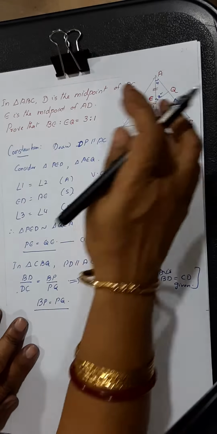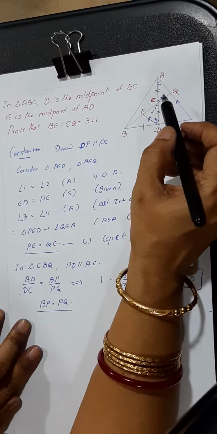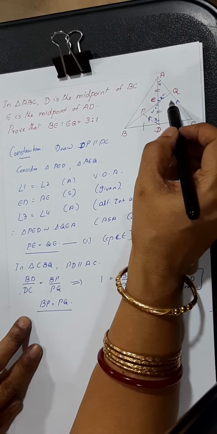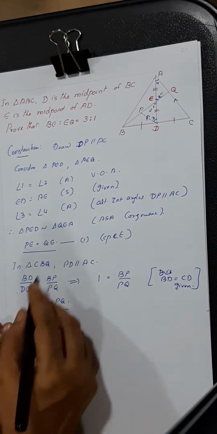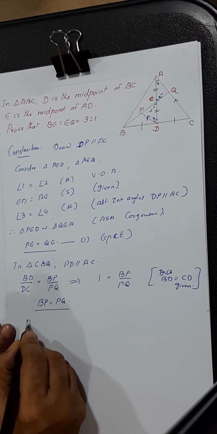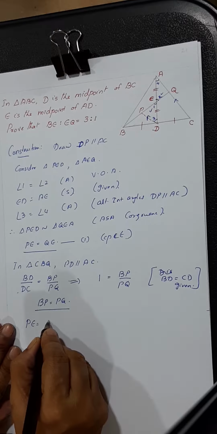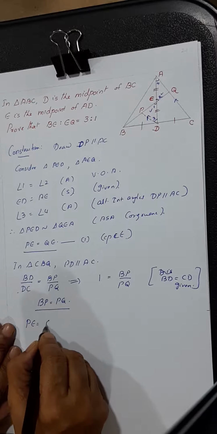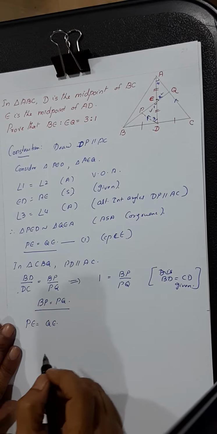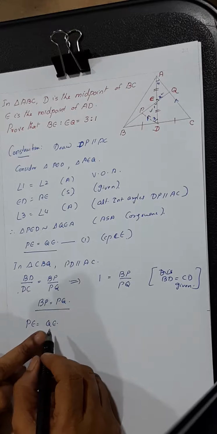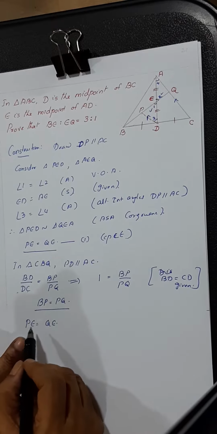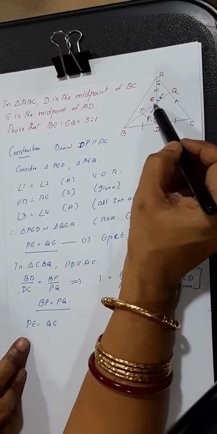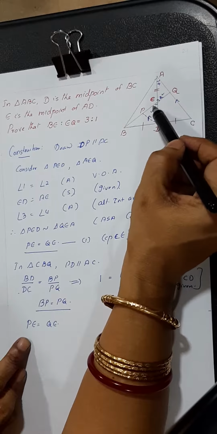Now EQ is equal to PE we have. So from that we will write PE is equal to QE, so EQ can be written as half PQ.